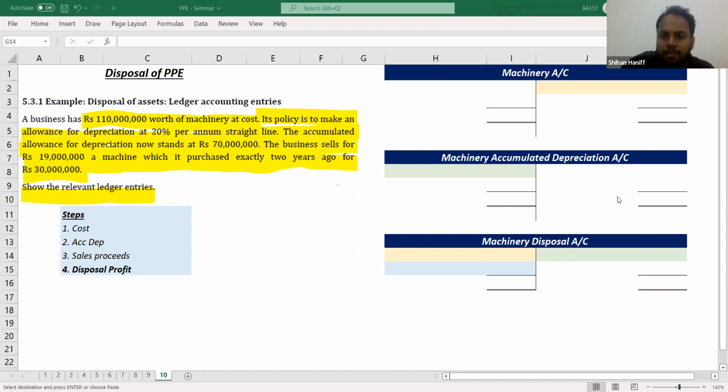I didn't prepare the depreciation account because we show the depreciation here and it directly goes to the income statement.